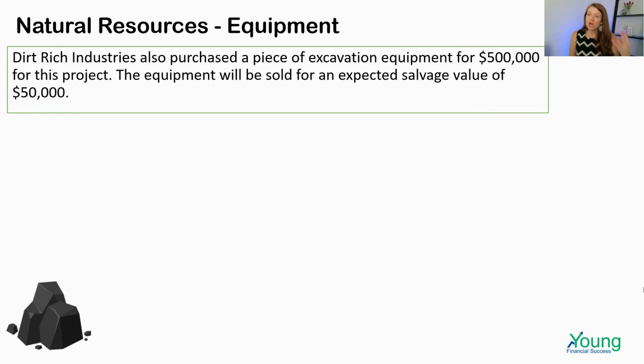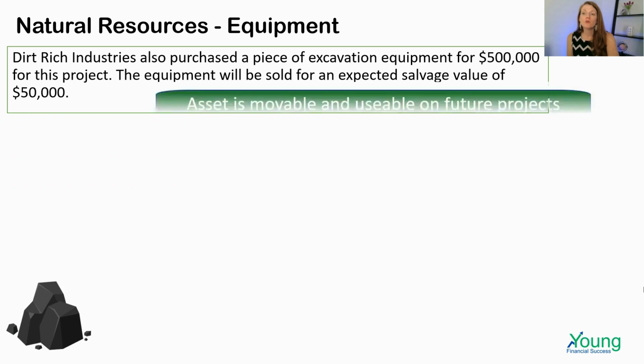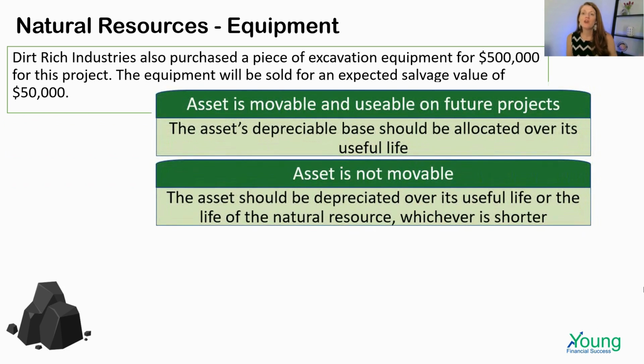So part of this, they also purchased a piece of excavation equipment for $500,000 for this project. The equipment will be sold for an expected salvage value of $50,000. So we are going to take into consideration whether or not we need to keep this separate and depreciate it. So here's what we need to think about.